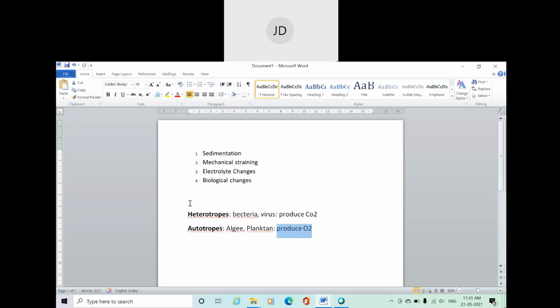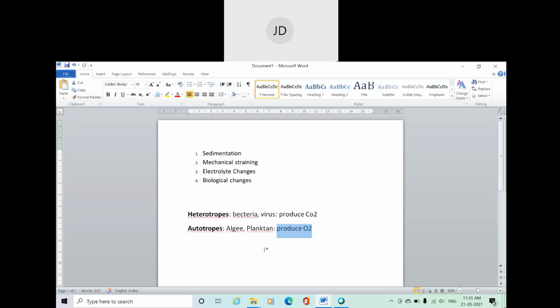That oxygen is again used by the heterotrophs like bacteria and virus for the oxidation of organic matter, and they produce carbon dioxide again. That carbon dioxide is again used by the algae and plankton, they produce oxygen, and so this cycle goes on. By this cycle the impurities may be removed from the water.